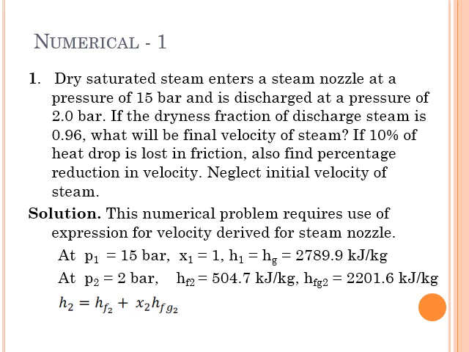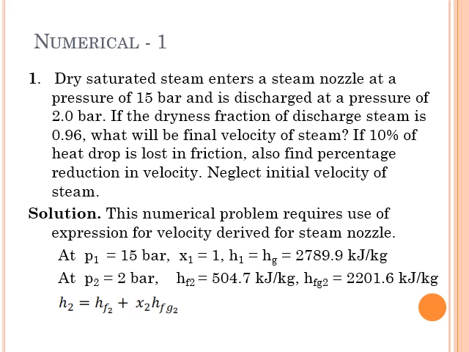Now the actual enthalpy at the entrance, that is 15 bar, will be same as the enthalpy of saturated steam Hg. So H1 is equal to 2789.9 kilojoule per kilogram, whereas the enthalpy at the exit will be given by HF2 plus X2 HFG2.